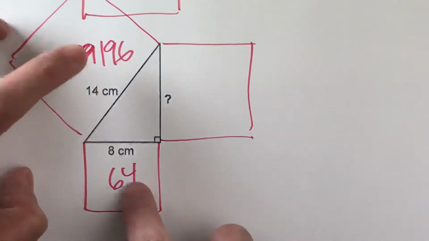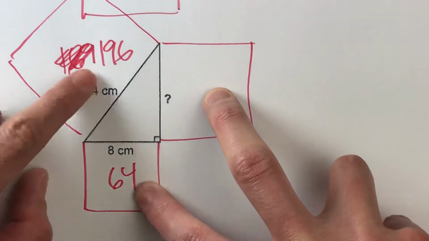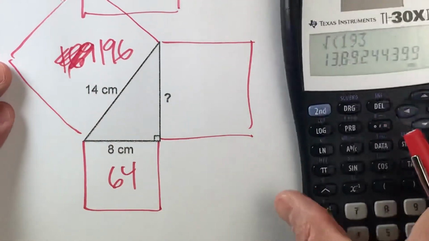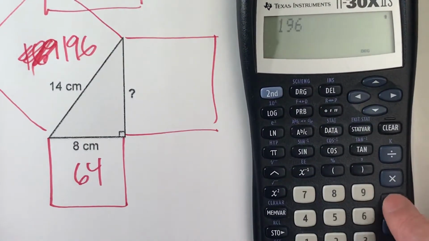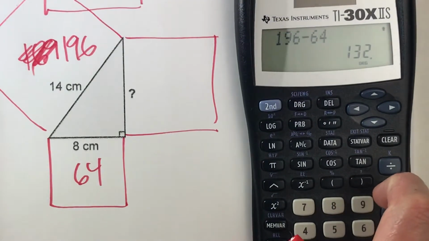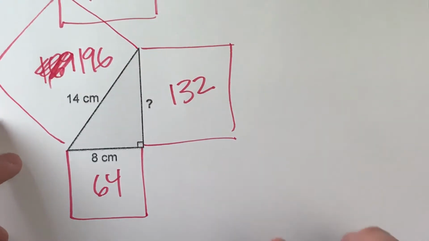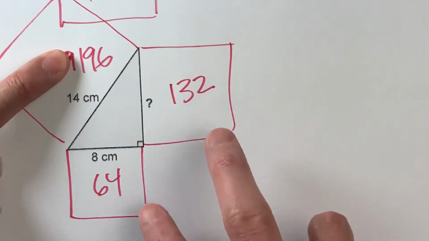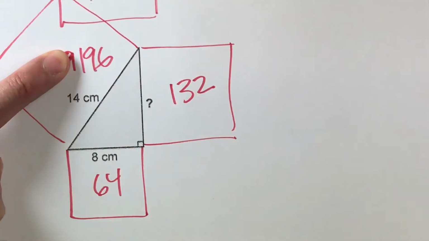So notice this time, we're not going to add these two together; it's these two added together that have to come out to 196. So we have to basically subtract them. 196 minus 64 gets me 132. So this square here has to be 132, because remember the Pythagorean theorem says these two squares have to add up to the big square.